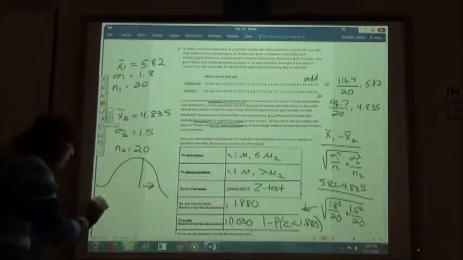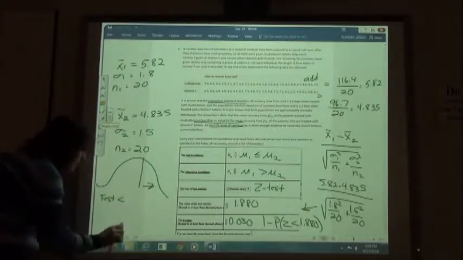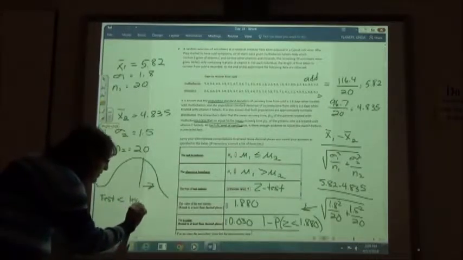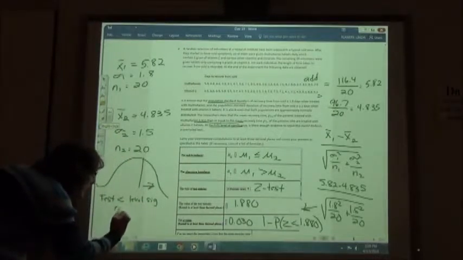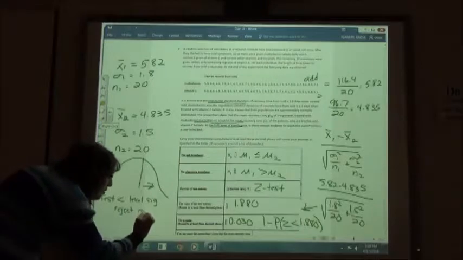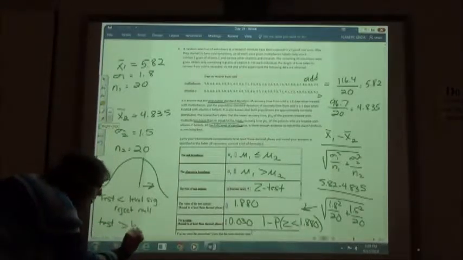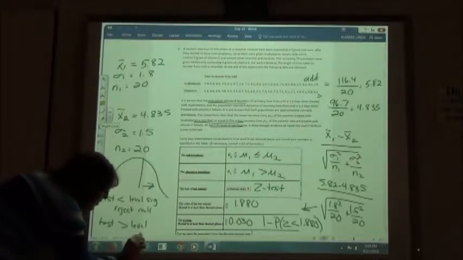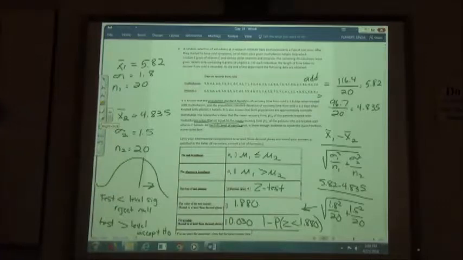So, when our test value is less than the level of significance, we rejected the null. When the test value was greater than the level of significance, we accepted the null.